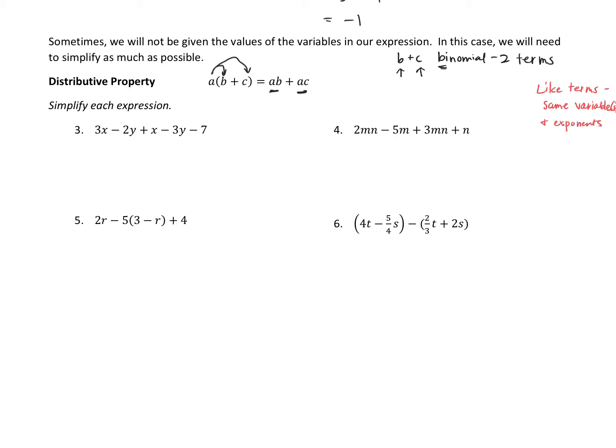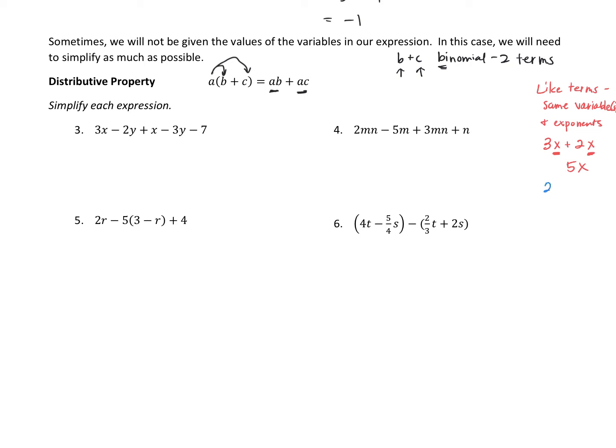Okay, so that would be like 3x plus 2x. They both have an x, no exponents, right? So understood to be a 1 exponent. So you simply add the coefficients. 3 plus 2 is 5, so you get 5x. If you have 3 of something and you add 2 more of that same thing, you have a total of 5 of those things. That's adding like terms.